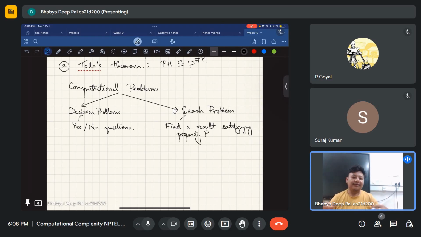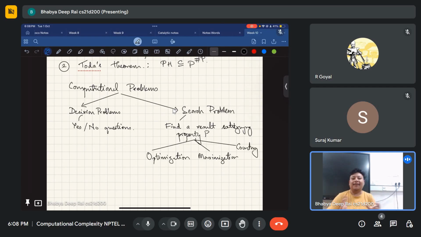Now, search problems can also be of different kinds, right? A search problem could be something like an optimization problem, or a maximization problem where there's a single parameter. Optimization could be several parameters, right? And similarly, there is something called counting.